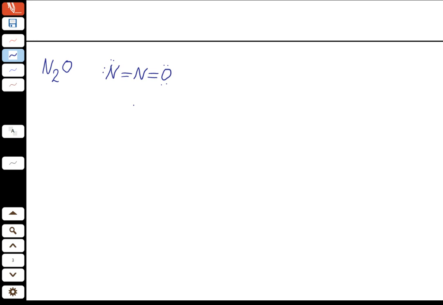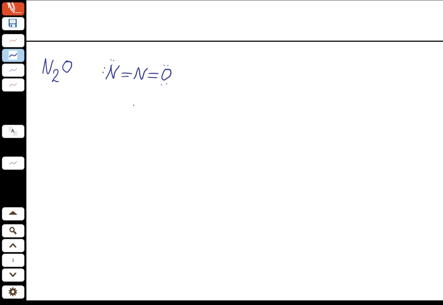We could have gone NON and had basically the same situation where we have some resonance forms for that too. This one would only have one resonance form because the 2 sides are equivalent.